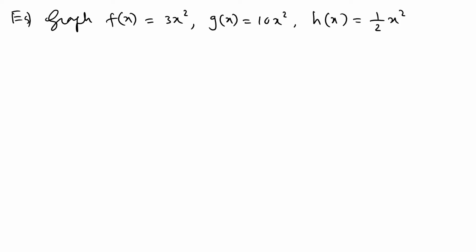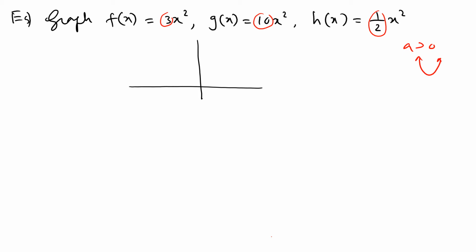Let's try to graph all three in one set of axes just to see the difference. In all three cases, 3 is positive, 10 is positive, and a half is positive, so you should have a graph that opens up.